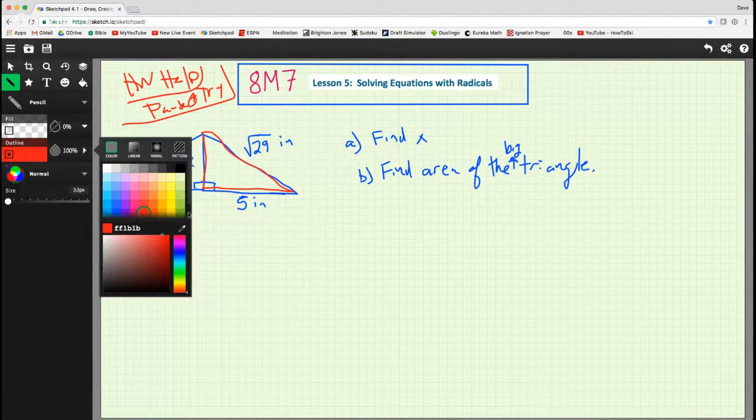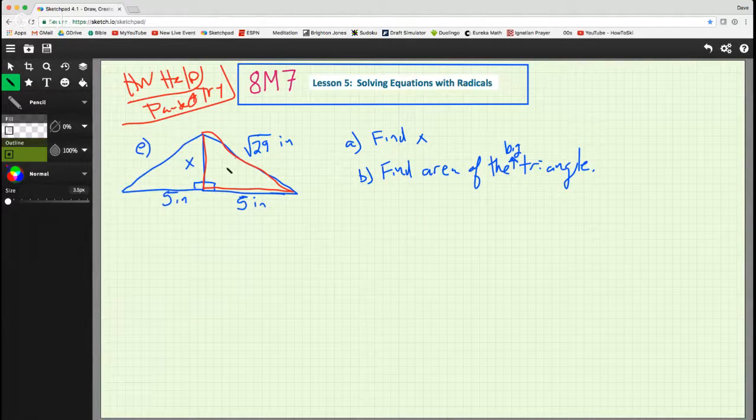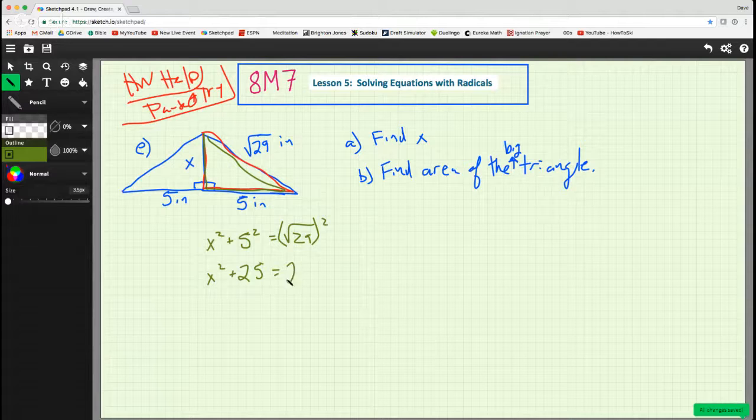Let's solve in green just to change it up a little bit. In this triangle, A is our x squared. Our B is our 5 squared equals the square root of 29 squared. Well, x squared is x squared, 5 squared is 25, and the square root of 29 squared is 29.